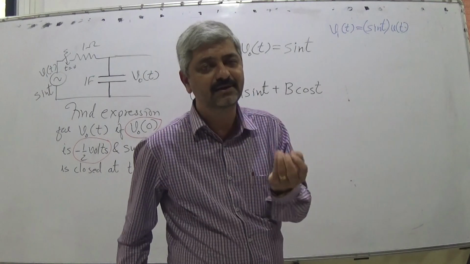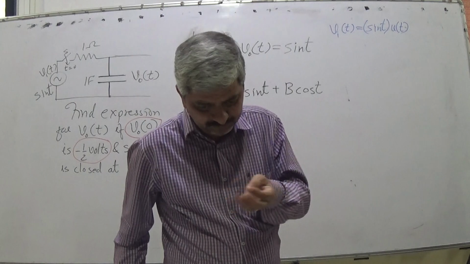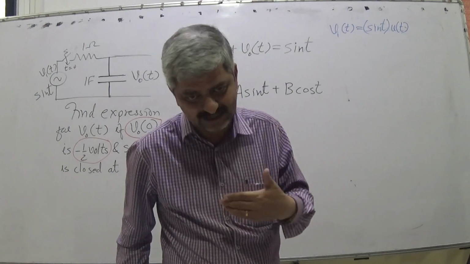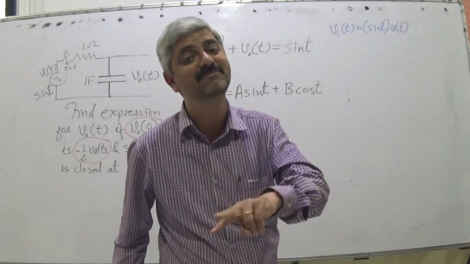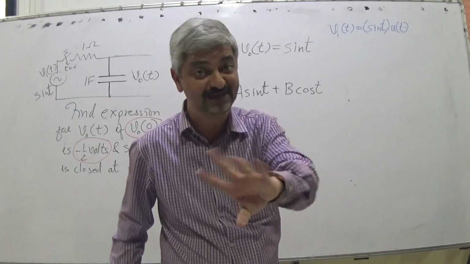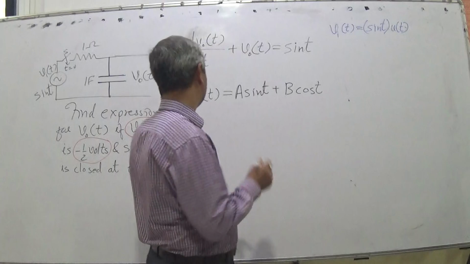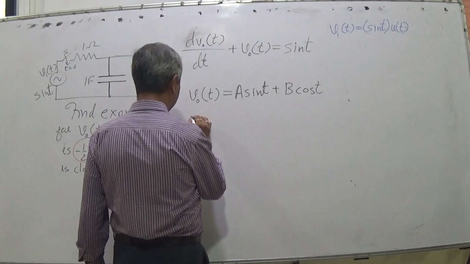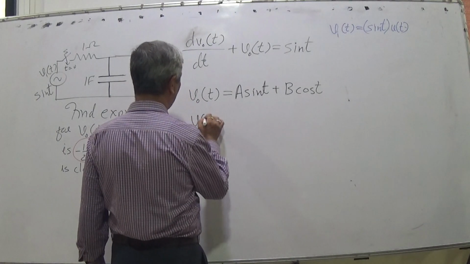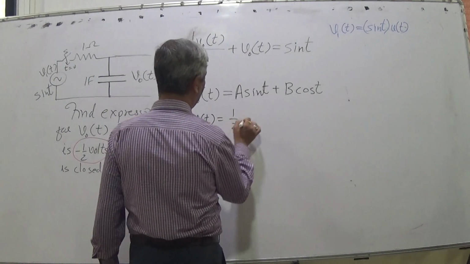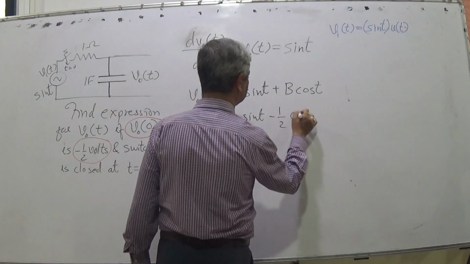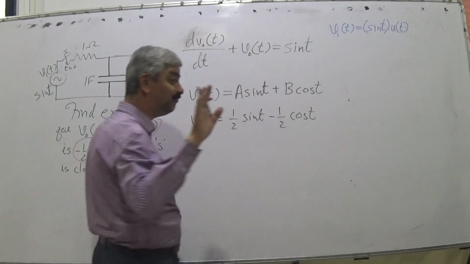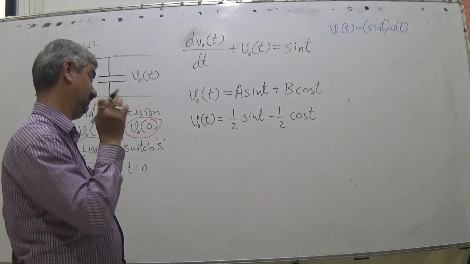But to get to the solution at a rapid rate, I have given you half sin t minus half cos t, and we found last time that is the solution. So in the given scenario, VO(t) equal to half sin t minus half cos t is a possible solution.